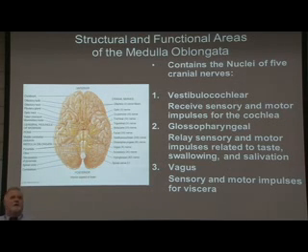So the other thing that occurs with the medulla is nerves that arise from the brain and pass out into the facial area of the neck arise from the medulla. Nerves that arise from the brain are called cranial nerves, and nerves that arise from the spinal cord are called spinal nerves.